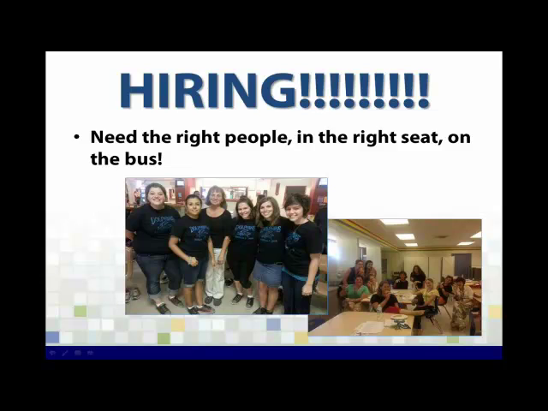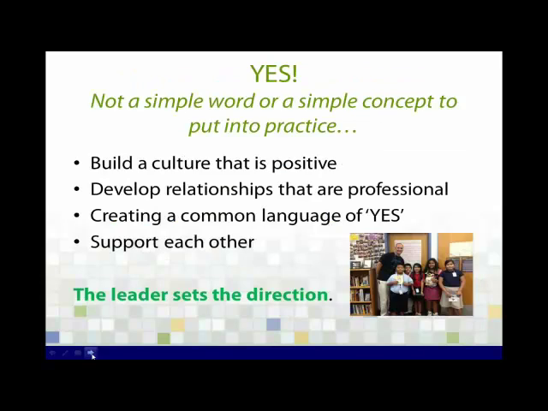People who are going to be able to step in and not miss a beat, and they're problem solvers, and they're people who have the same values that we've developed together for our campus, and who all want to see all kids succeed. So we put a lot of effort into hiring. That's just going to help us get the right people in the right seat on the bus that we're all driving in together.